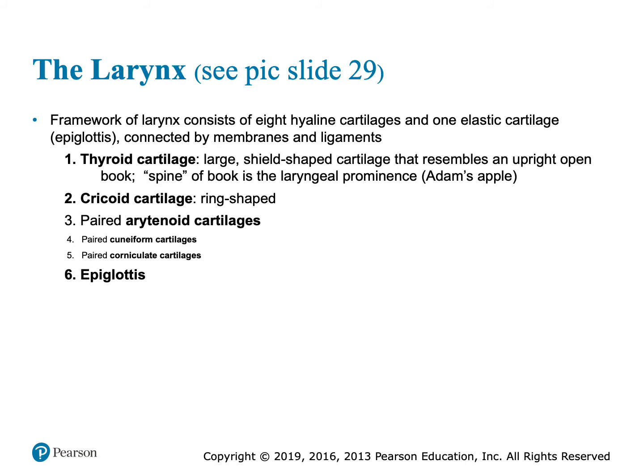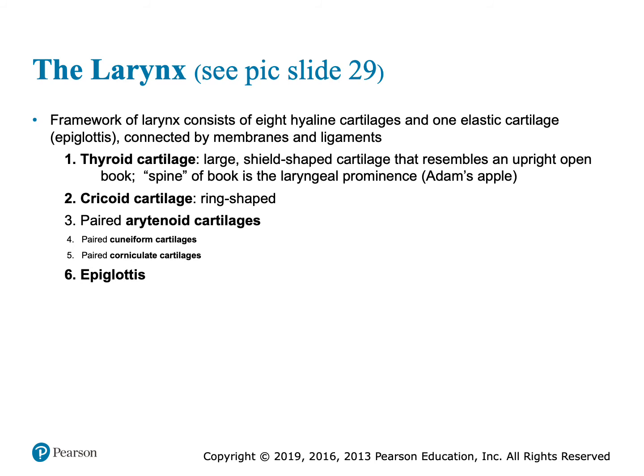We have some cartilages that I want to point out because you do need to know these for your lab. The biggie, the one that you think of as a man's Adam's apple, the one that you actually can touch, even if you're a girl, you can touch it, but a man's is more pronounced because of testosterone.